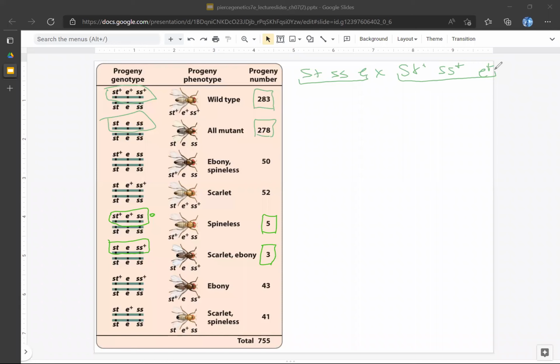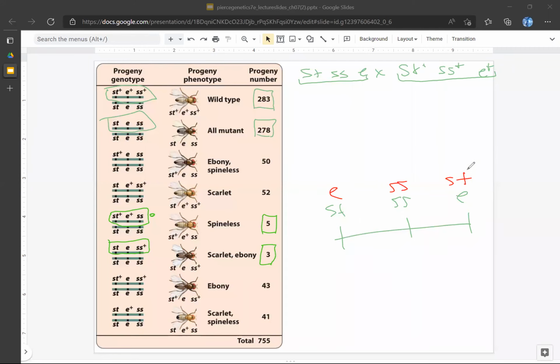And so we have, where do I want to go with that? So we found it and we've rearranged our parents. And we know that our gene map is going to look something like this. SS in the middle and ST either on this side, or it could be on this side, we don't really know.